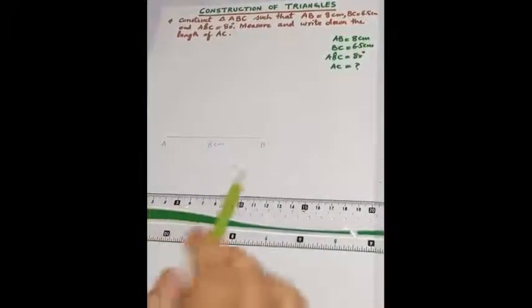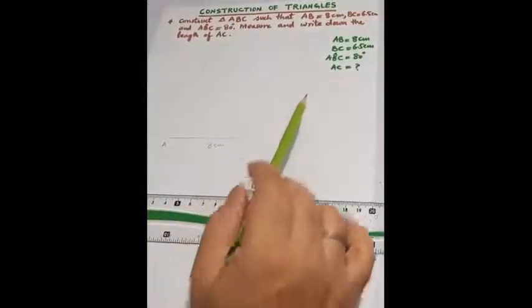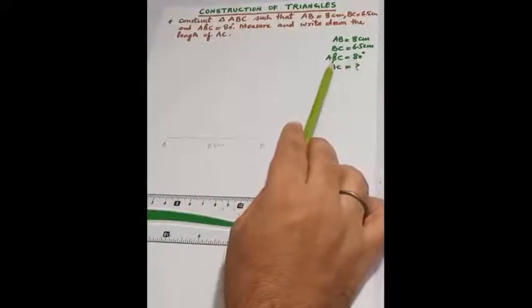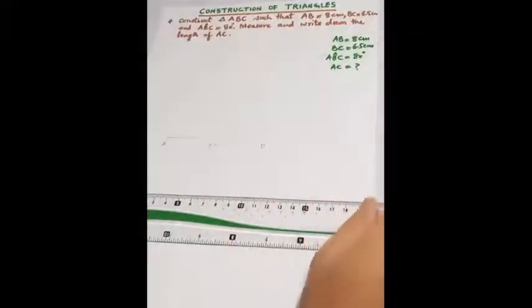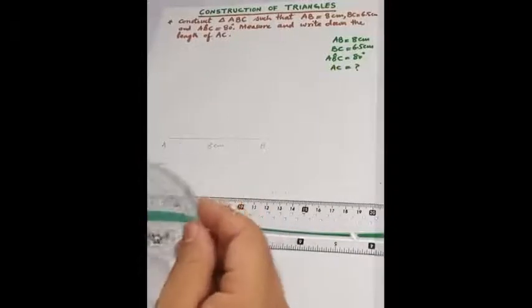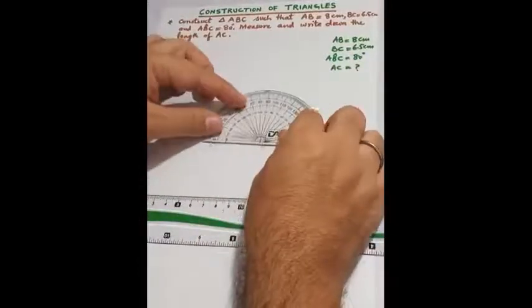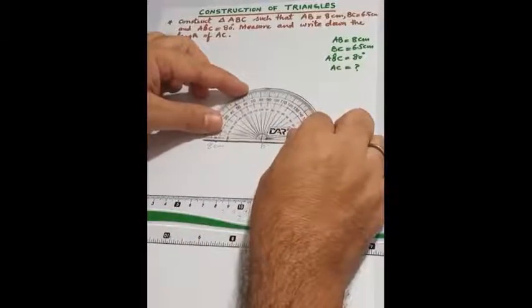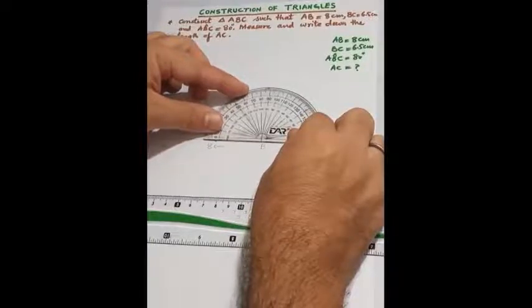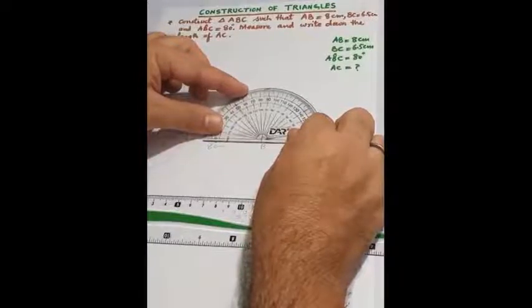And now we have to construct an angle of 80 degree at point B. So with the help of protractor we will construct an angle at point B.